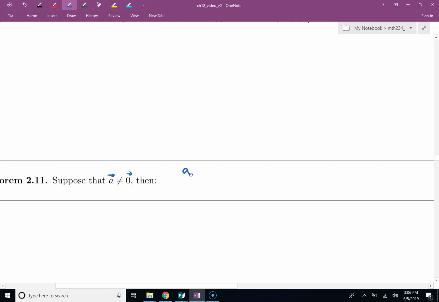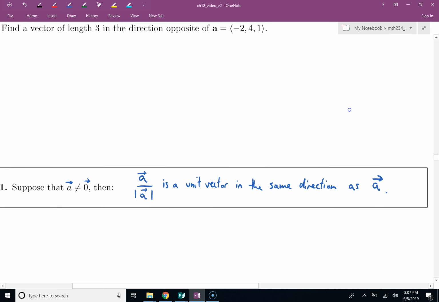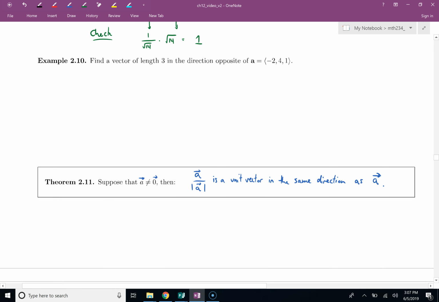Then, if you take that vector and divide by its magnitude, in this last case we found that the magnitude was root 14, and so if we divide by root 14, then this is a unit vector in the same direction that we started with, the same direction as the vector A. All right, so that's a nice theorem. This is a good way to make vectors into unit vectors: you just divide by their magnitude.